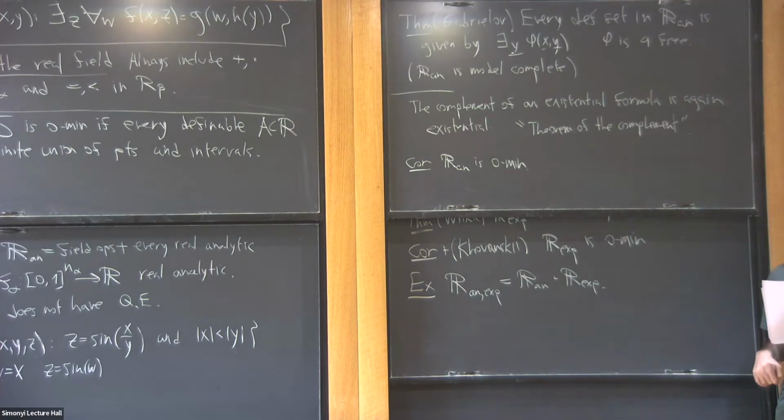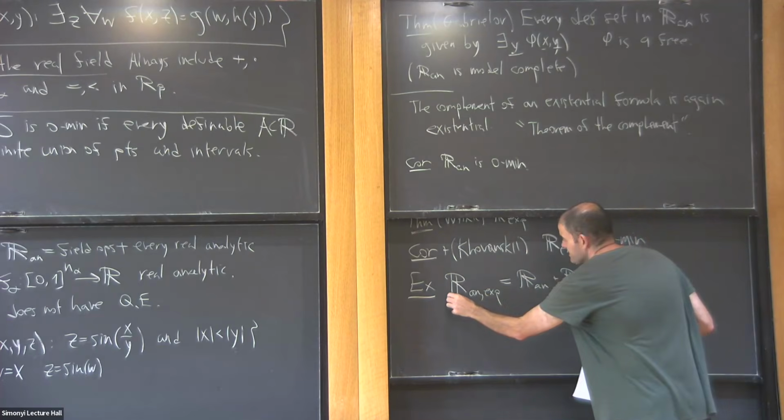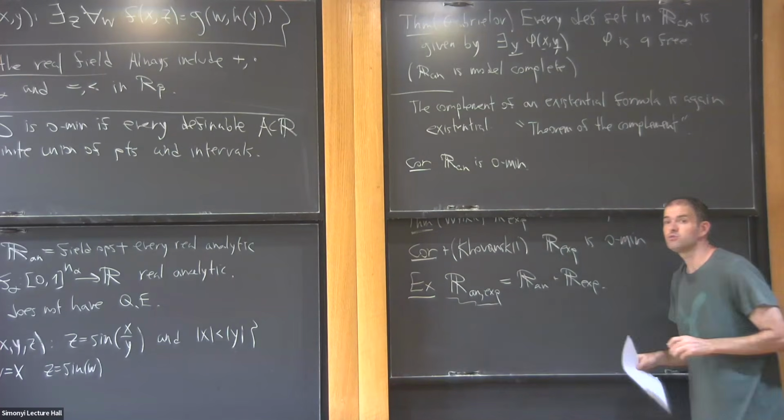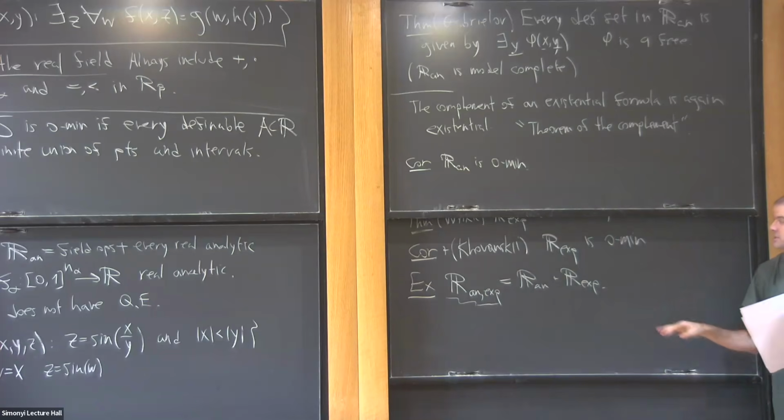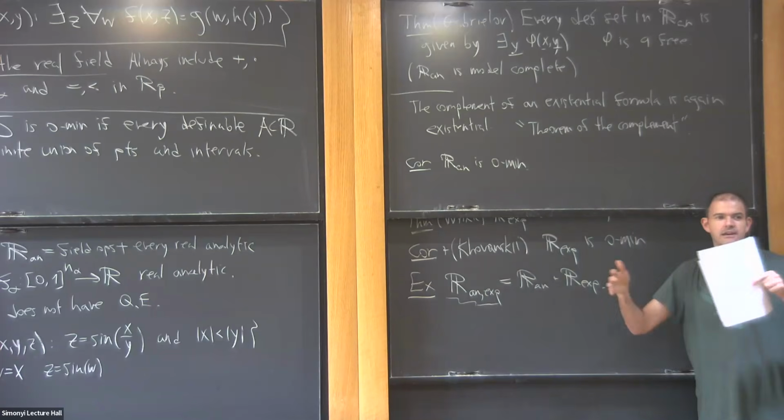It's not as simple as it is for Tarski-Seidenberg, which is quite a constructive proof. You can write it using resultants, and it's a very algorithmic thing, and here it's already much more involved.